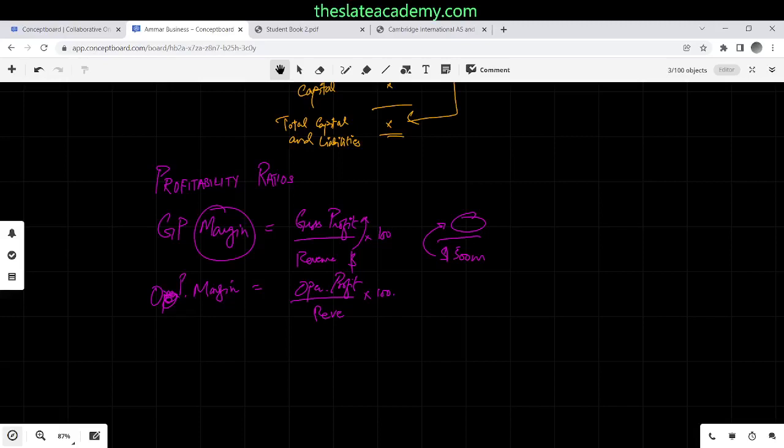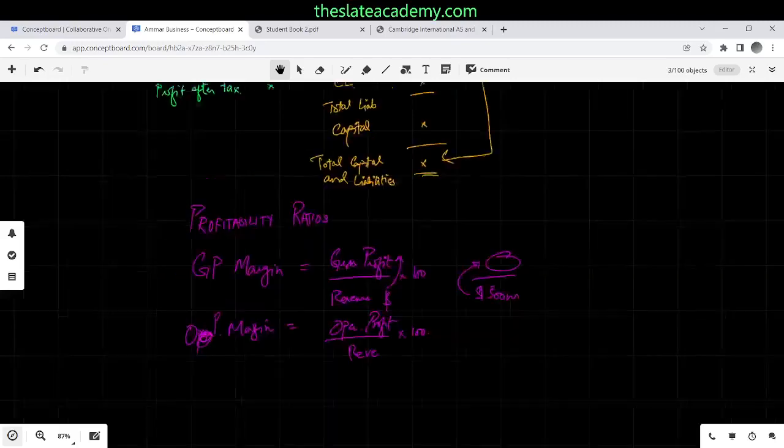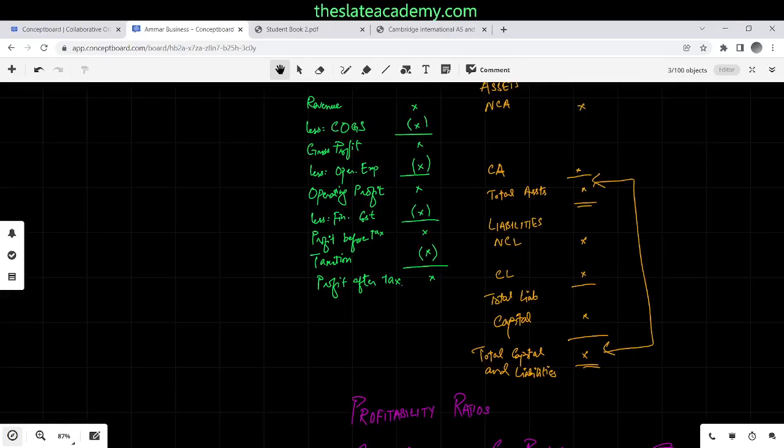I'm saying that the ratio that we calculate, what's the difference between GP margin and operating profit margin? If you see the income statement up above here, to go from gross profit to operating profit, the difference between these two is the operating expenses.